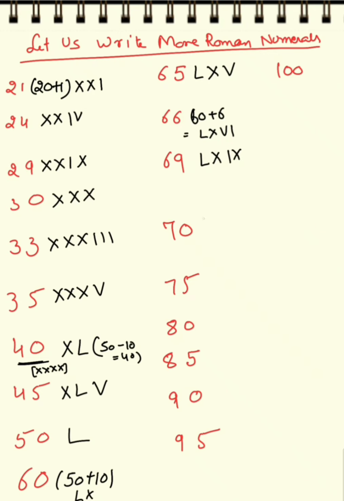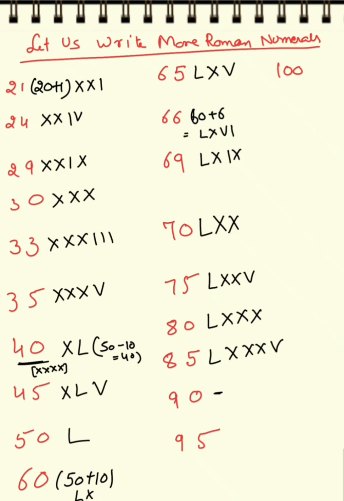And 70 will write like this, LXX. Correct. And 75, LXX, and 5 we write like this. And 80 will write like L and triple X. And 85, LXXX and 5. 90.